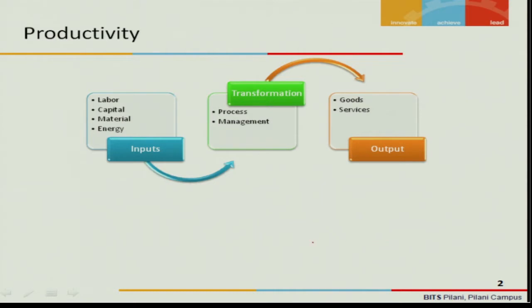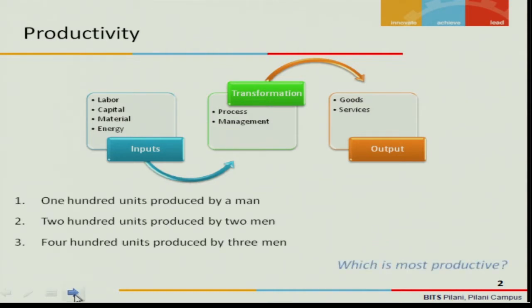Let us look at this with a very simple example. Here I have given three cases, three scenarios, and we need to find which is the most effective process. In the first case, 100 units are produced by 1 manpower.